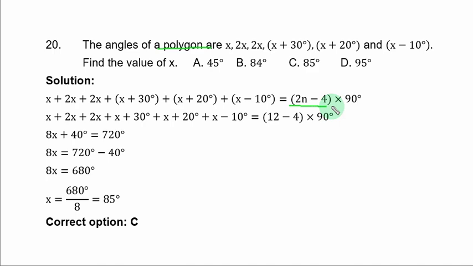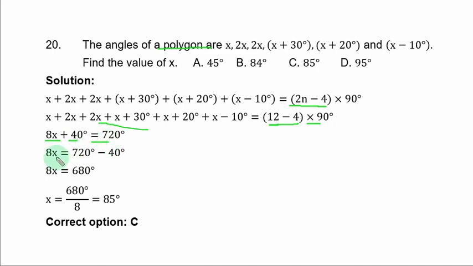We have 6 angles, that means n is 6. So 2 times 6 is 12 minus 4 times 90 degrees. If you open the bracket, you have this result. If you add all the S, you have 8S, and the rest of the angles, you have plus 40 degrees equal to 720 degrees. 12 minus 4 is 8 times 90 degrees is 720 degrees.